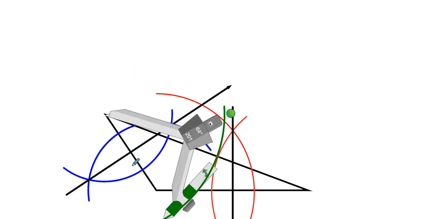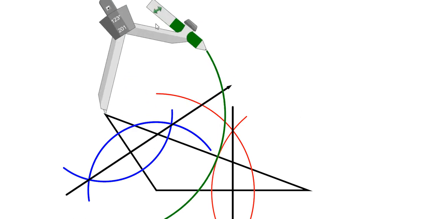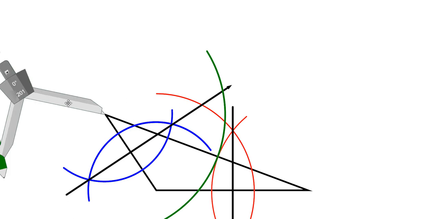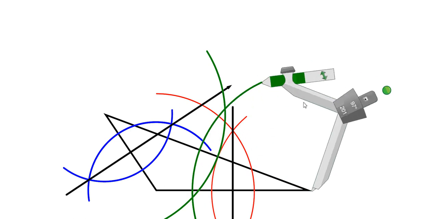And we make the big swoopy like so, and then the big swoopy like so. And the perpendicular bisector is this line here. That doesn't really go through. That's terrible. Here, let's do this.